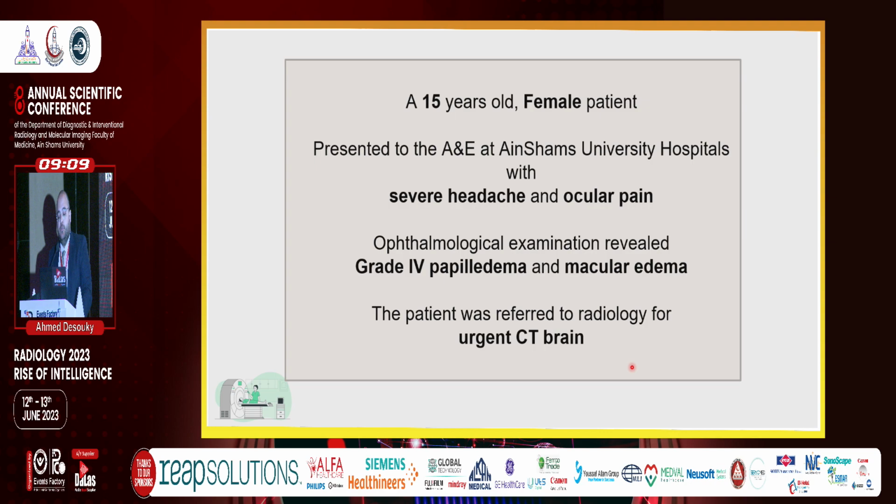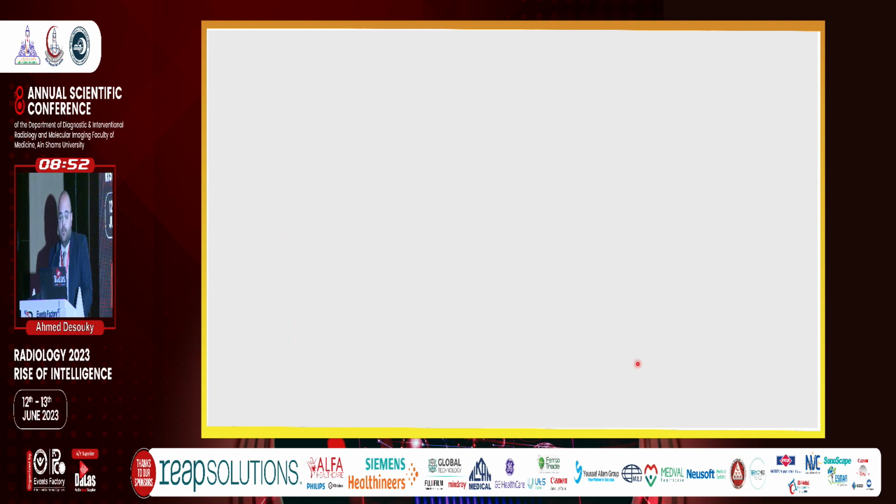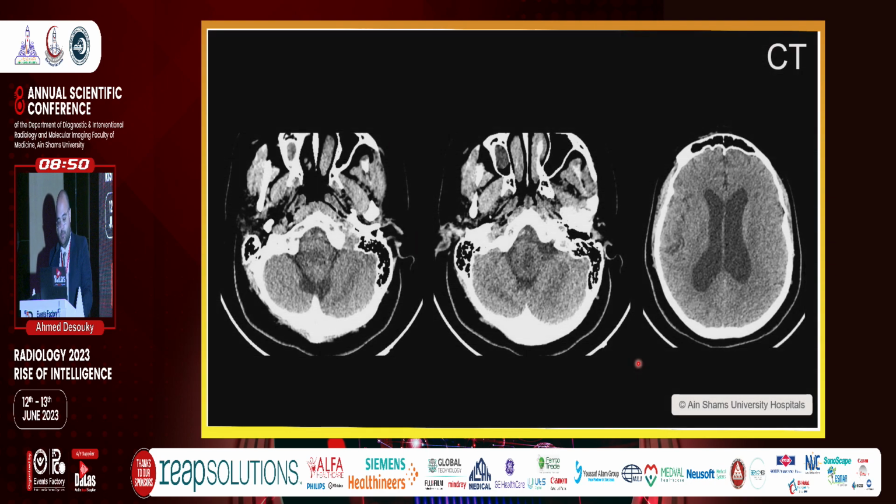So let's go to the other story of the other girl. She's a 15-year-old female patient presented to A&E at Ain Shams University Hospital with severe headache and ocular pain. The ophthalmologic examination revealed grade 4 papilledema and macular edema, and the patient was referred to radiology for urgent CT at Al Falah unit. And here are the CT images. Right.